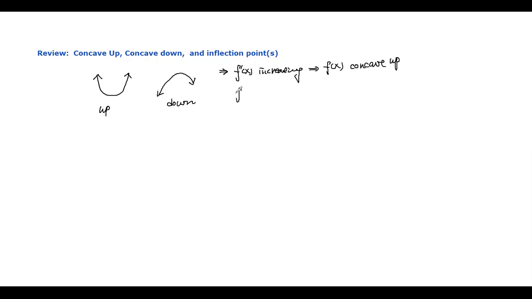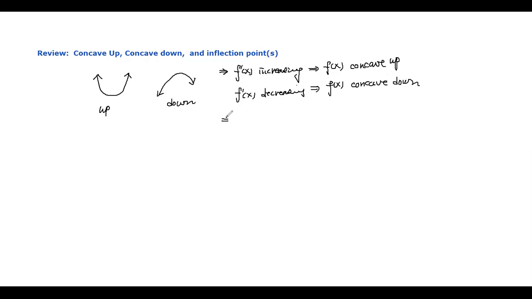If f prime x is decreasing, then f of x is concave down. We practiced this in practice set number 3 with a few graphs. If you forget, go back and review the video.